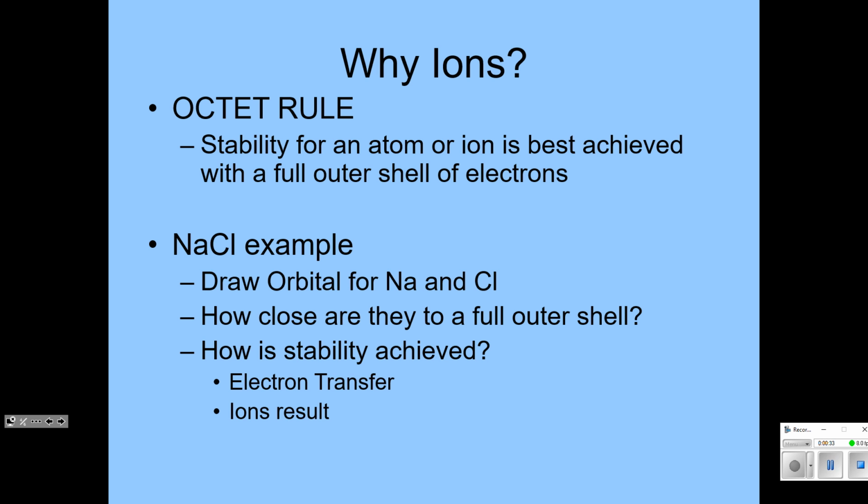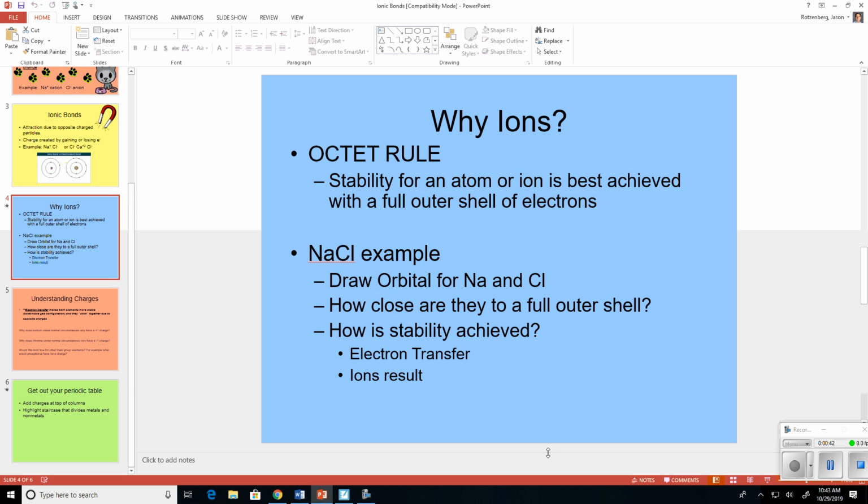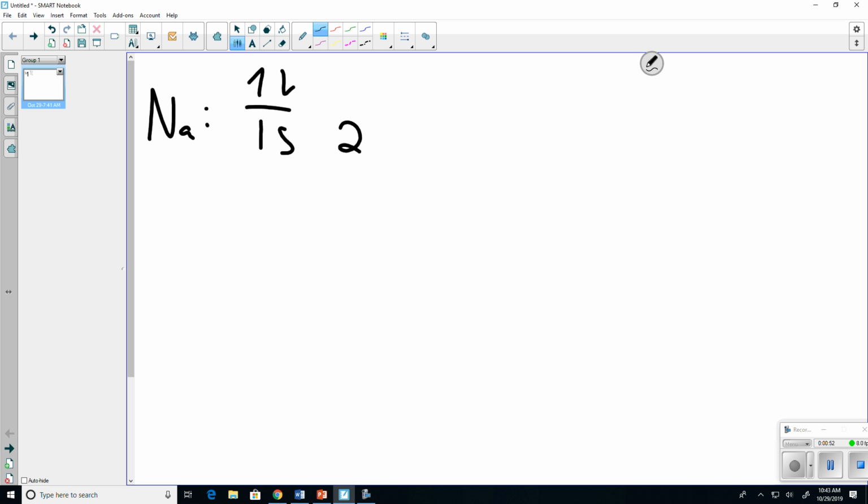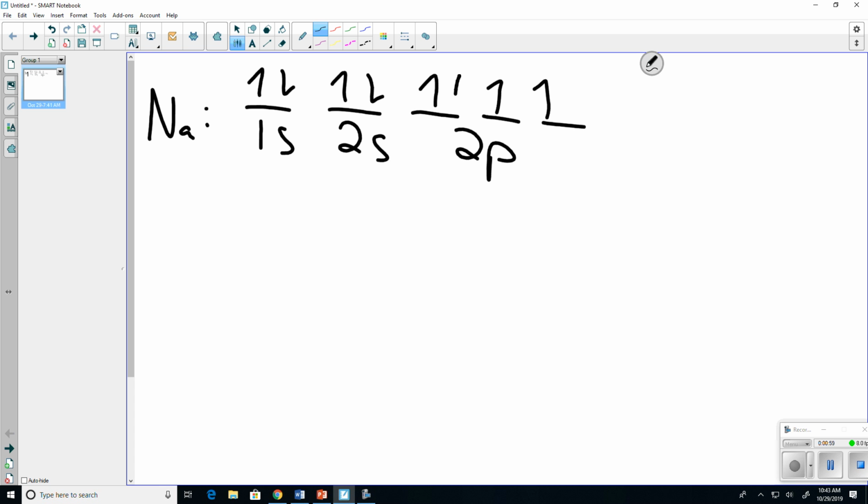So to remind you about that, we had you draw out the orbital notation for sodium and chlorine. And I'll quickly remind you of what that was for each. So for sodium, this was its orbital notation.